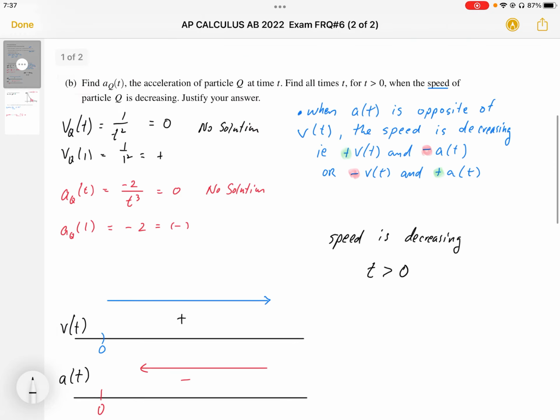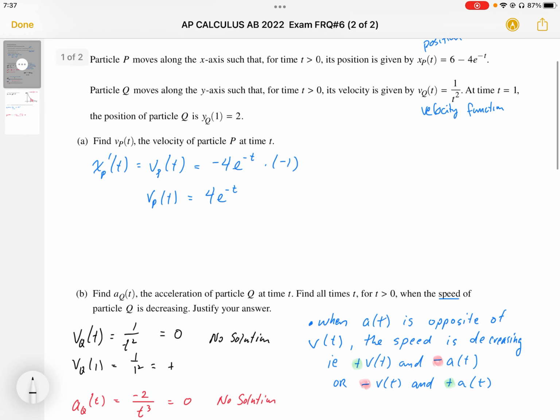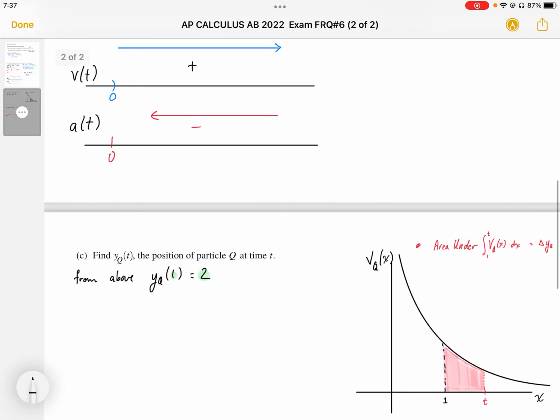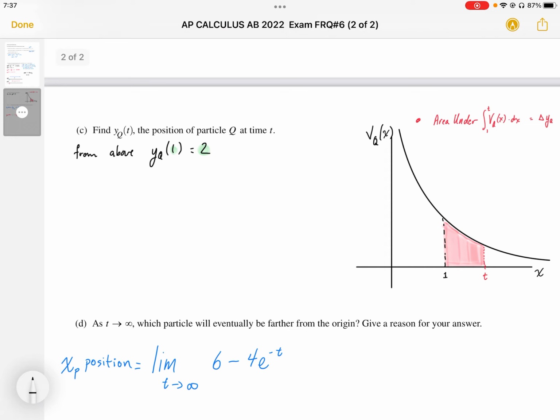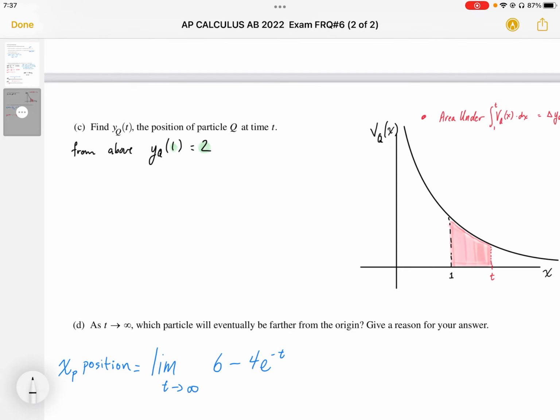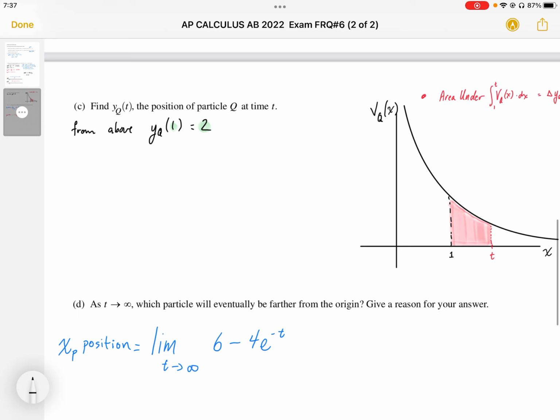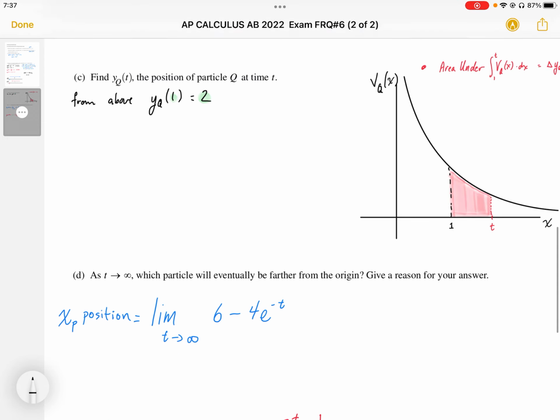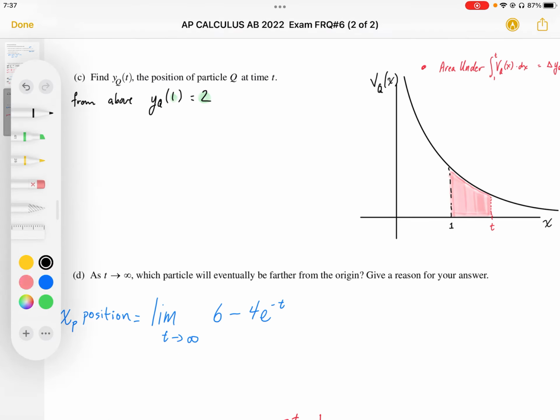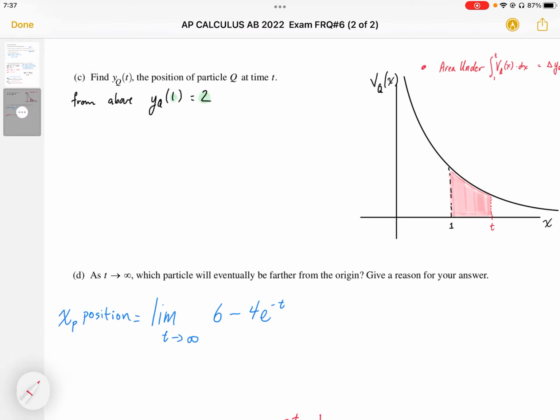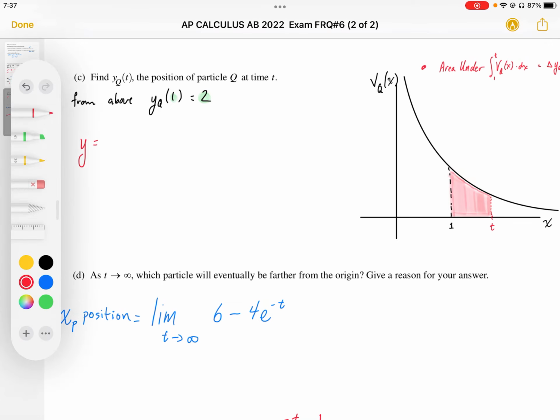So we've been given initially only the velocity function for y, and we need to come up with a position function for y. So if we want to do that, we're going to do this. The position function y is equal to our starting position, which is at y equals 2.